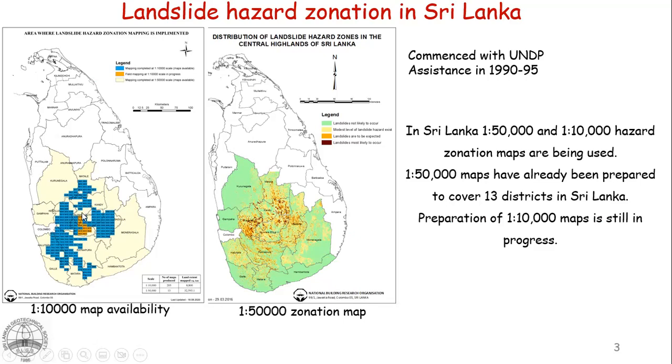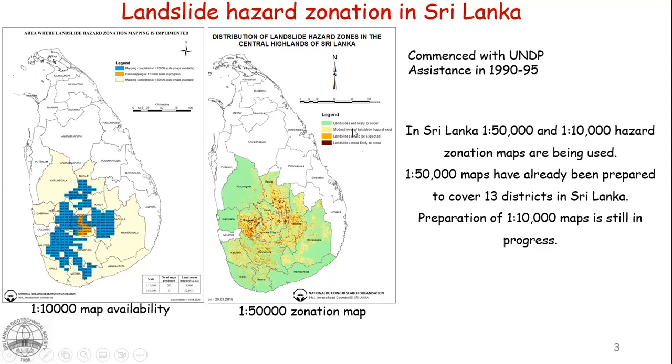These are the regions where the maps are available. So this is a complete picture of the 1 to 50,000 zonation maps. Different risk zones are shown here. The light green is where landslides are not likely to occur.